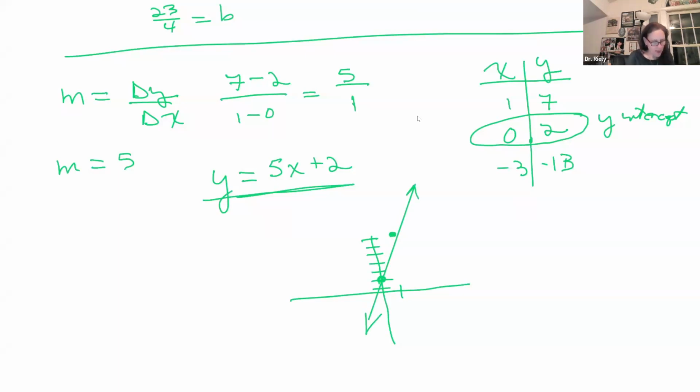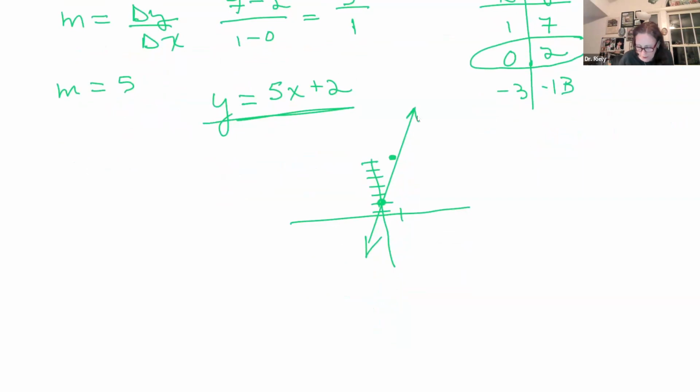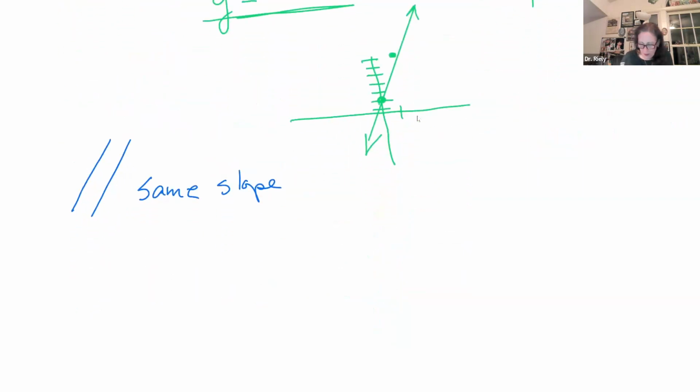So I think we talked about parallel and perpendicular lines too. So big thing about them. So parallel lines, if lines are parallel, they look like that. So they have the same slope. But if lines are perpendicular, they look like that.